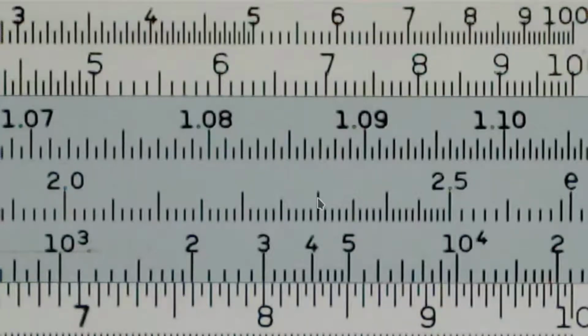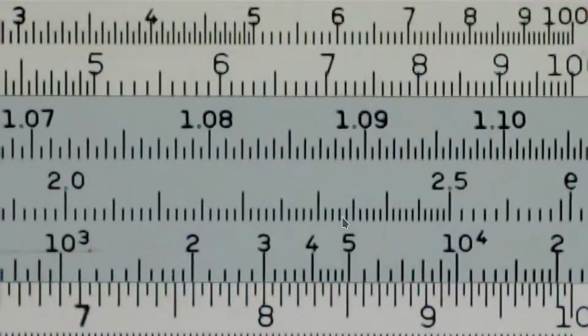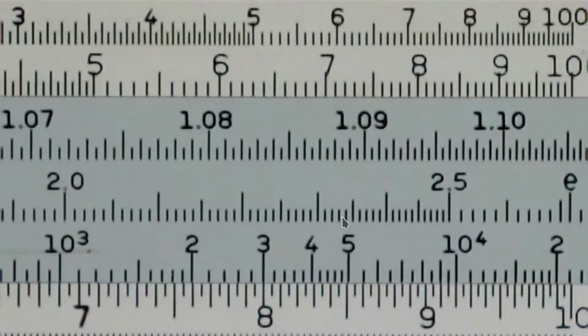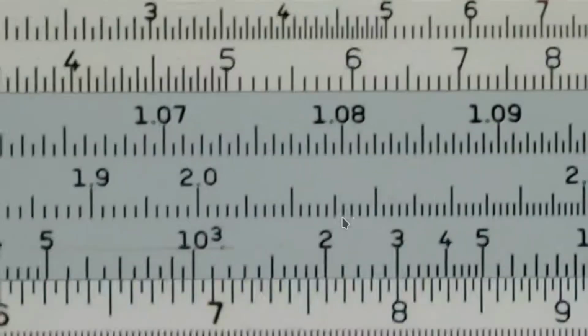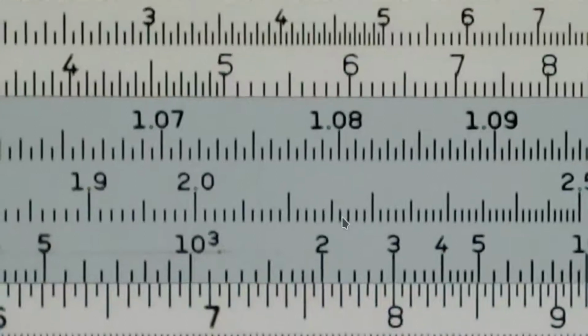So 2.3 would be 1, 2, 3, 2.32, sort of in there. We'll bring in our marker here, so you can actually align that and then read it off.